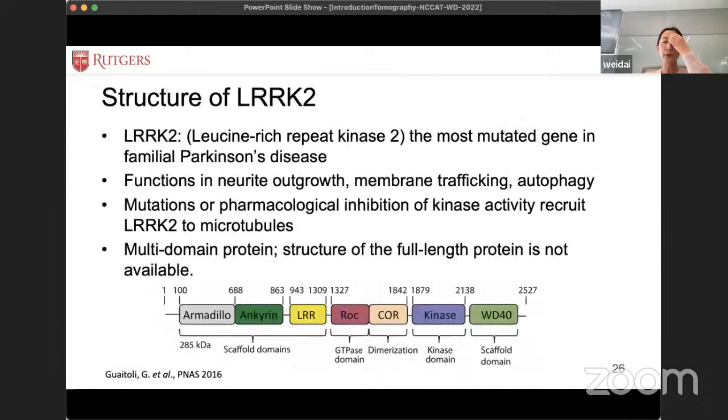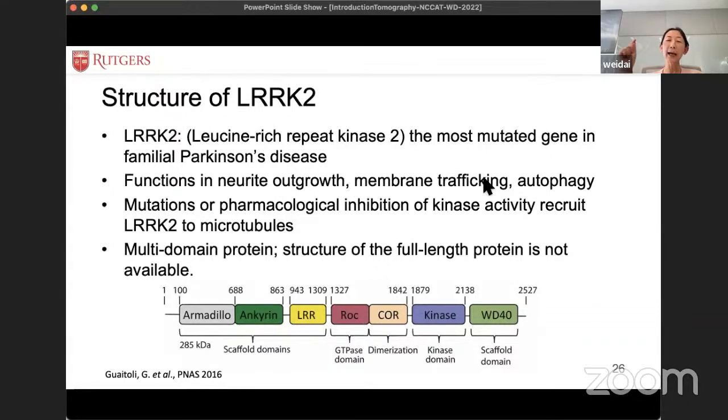So for this project, their target is called LRRK2, or leucine-rich repeat kinase 2. So this protein is a very important target in Parkinson's disease because it's the most mutated gene in familial PD. And this protein definitely has a lot of important functions in neurite growth and neurodevelopment.